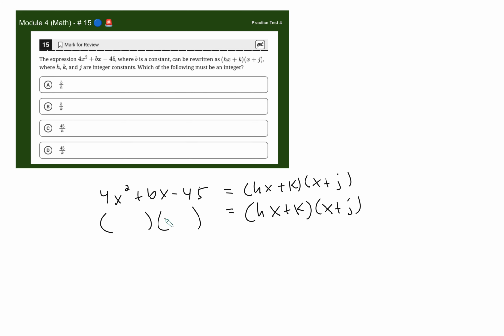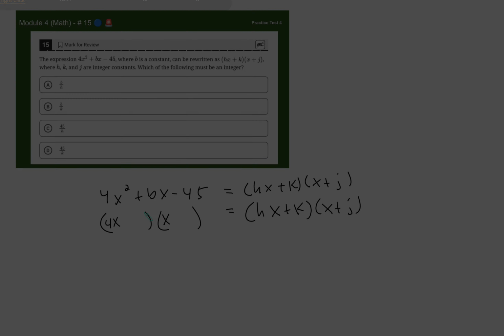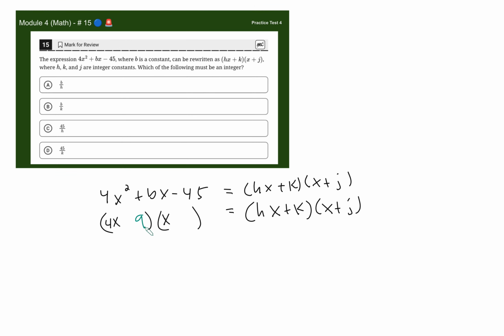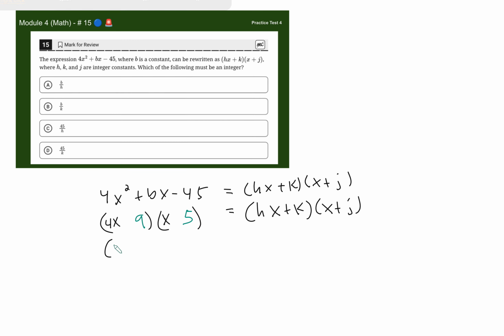I have to actually do 1x, or just x, and 4x. Which means to get 45, I could do 9 and 5, or I could do it again as 5 and 9.